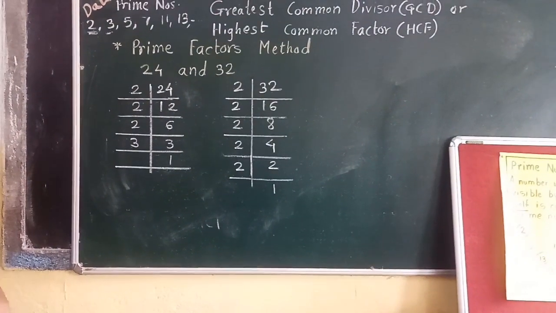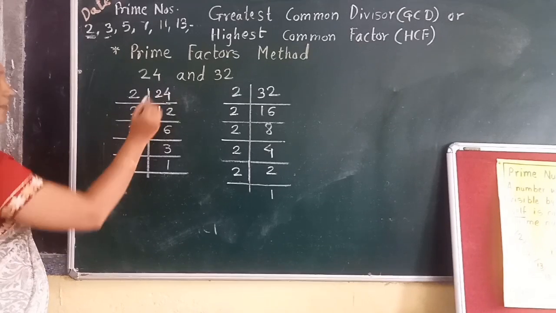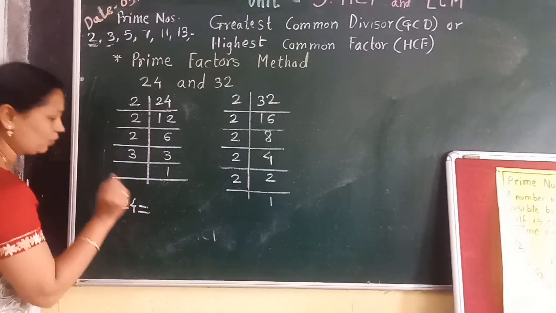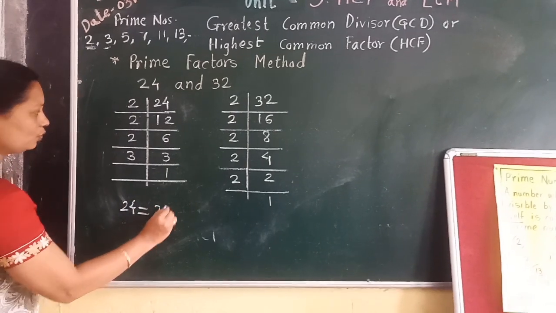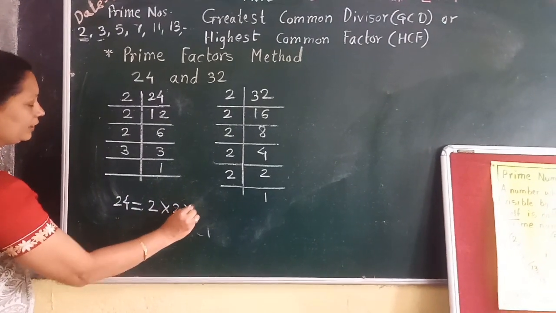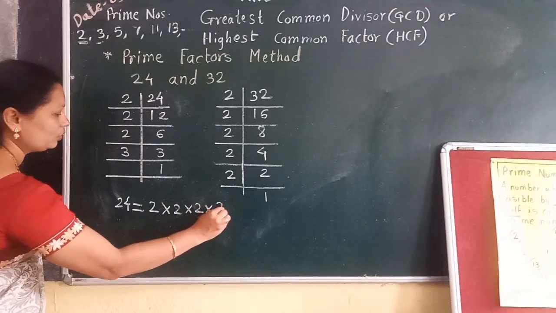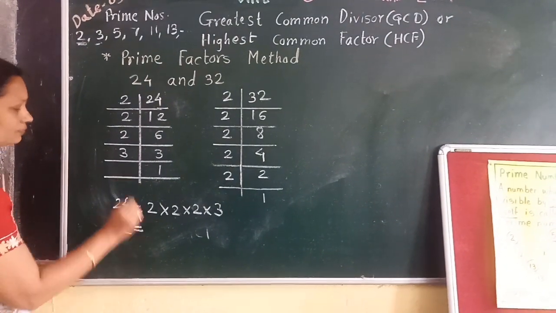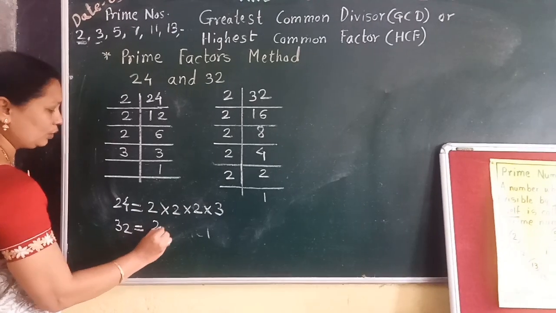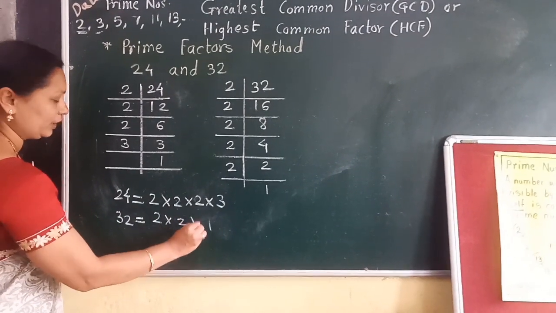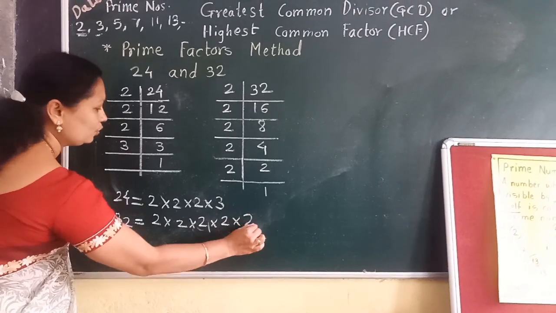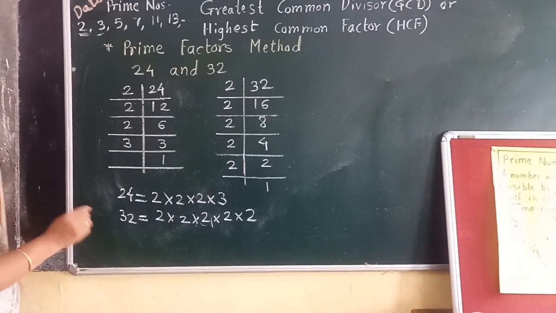Now, while calculating HCF, write the factors of 24 and 32. 24 is equal to 2 into 2 into 2 into 3. And the factors of 32 are 2 into 2 into 2 into 2 into 2. Now find the common factors.